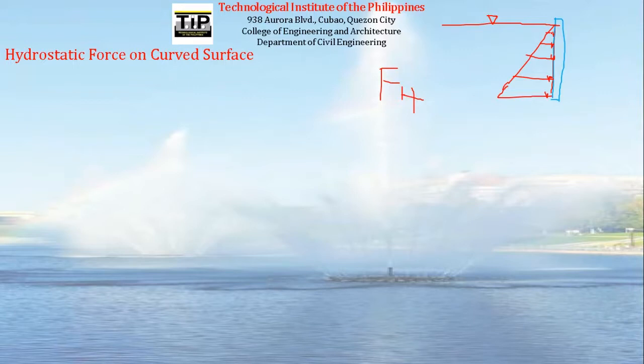As we go deeper into a fluid, the weight of the fluid above us goes up as well. So at the bottom the pressure is greatest, and at the top the pressure is the least because we carry less fluid.